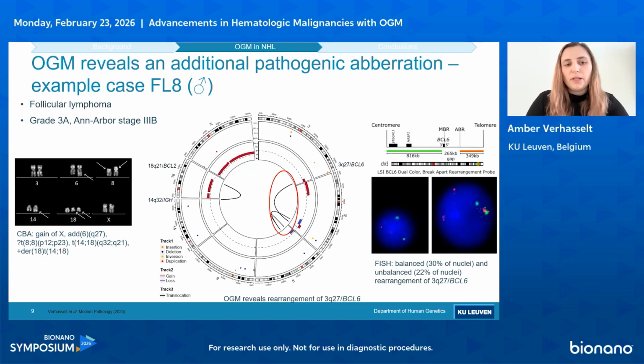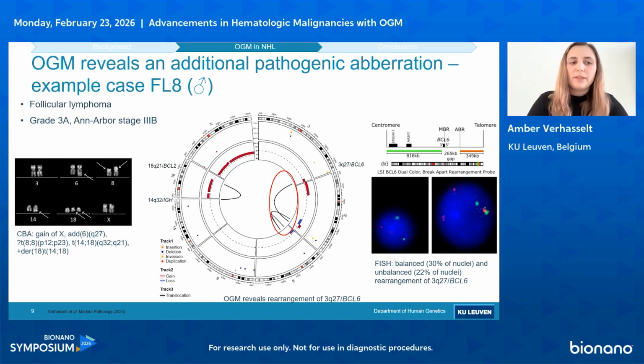But we also see that there is a rearrangement here at the BCL6 locus that we didn't know was there before. So here the translocation of BCL6 goes to chromosome 6q, and we also have a gain telomeric of this region.